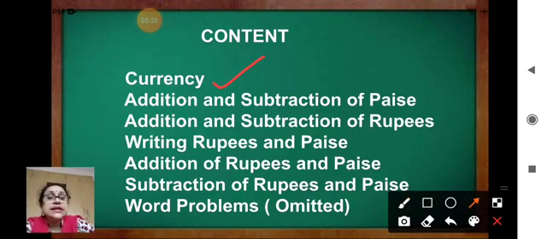Now in this lesson number 9, word problems are omitted. That means we are not going to do the word problems. So today we will be doing currency.